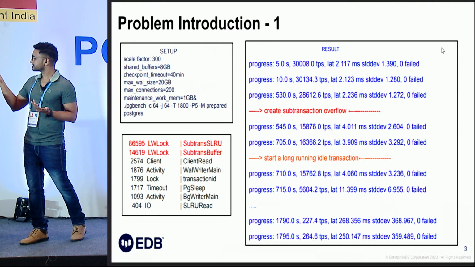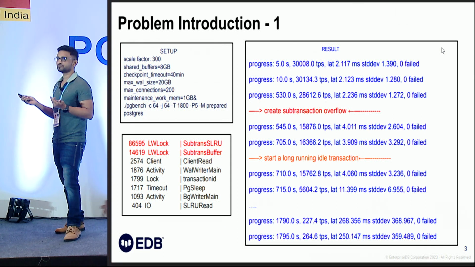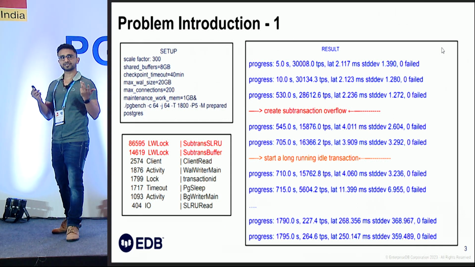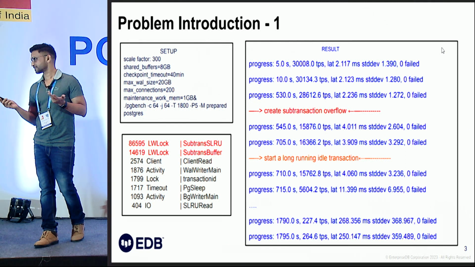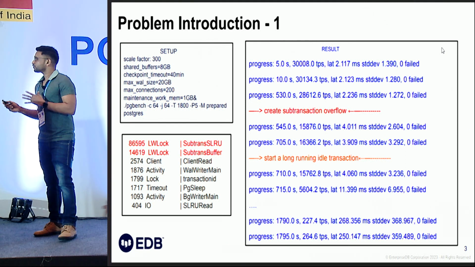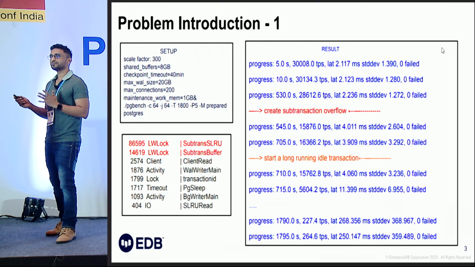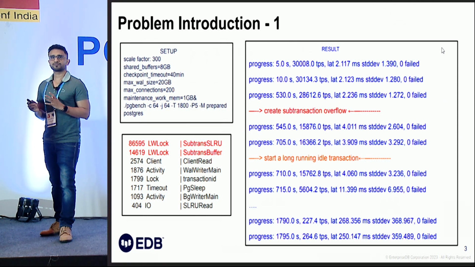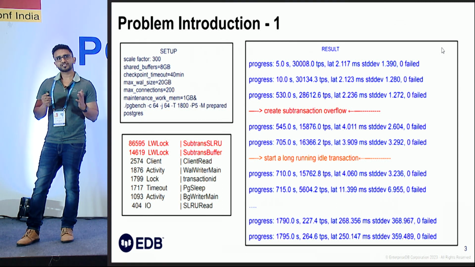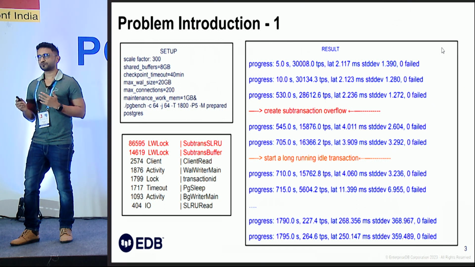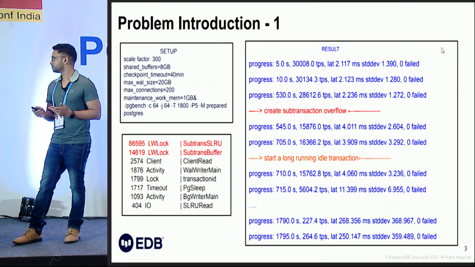I see that Subtrans SLRU and Subtrans buffer are among the peak wait events in the system. To understand this problem, we need a little bit of an idea about snapshots and visibility checks, and from that I think we can understand this problem better.